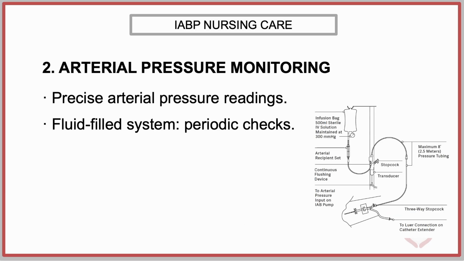If the inner lumen waveform becomes damped, a structured troubleshooting protocol should be followed. First, aspirate and discard approximately 3 milliliters of blood to remove potential microthrombi or debris. If blood cannot be aspirated, the inner lumen should be considered occluded. In this situation, the lumen must be capped, and an alternative arterial pressure source should be established to ensure continued hemodynamic monitoring.